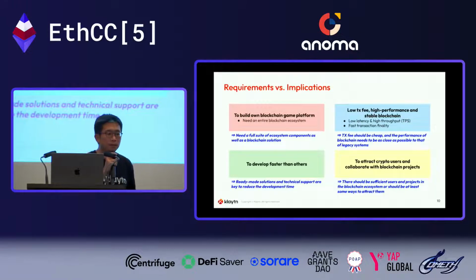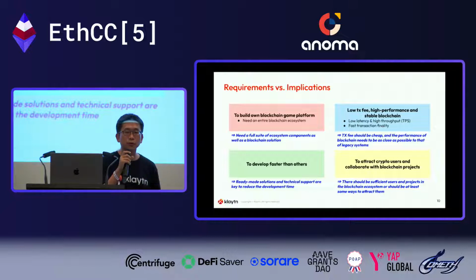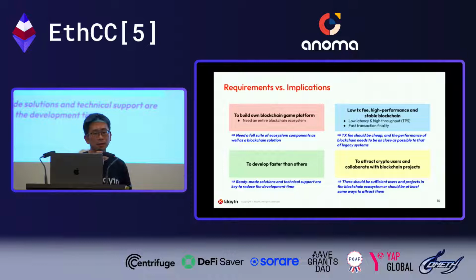So what does it mean for us, for blockchain protocols and the blockchain industry? The first requirement, about building an entire ecosystem, means they need a full suite of ecosystem components as well as a blockchain protocol or blockchain implementation. So we need a full set of components instead of only giving them a blockchain.